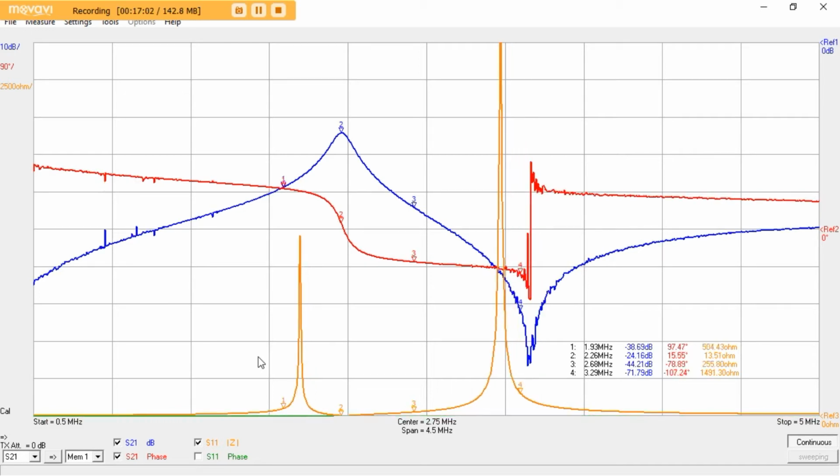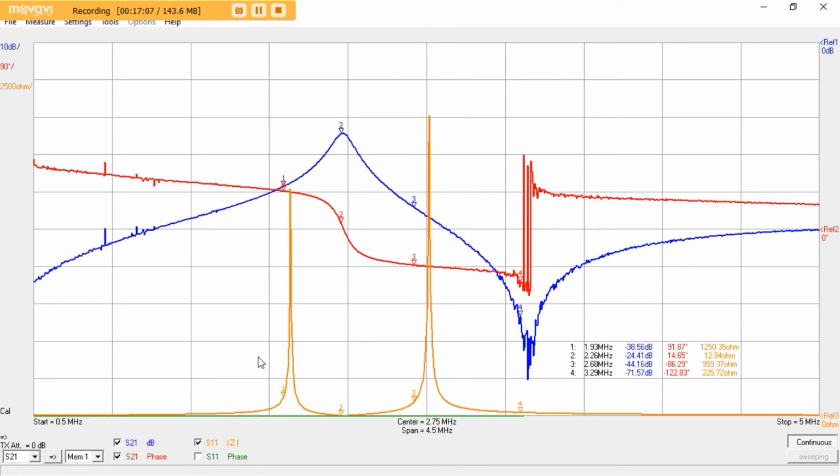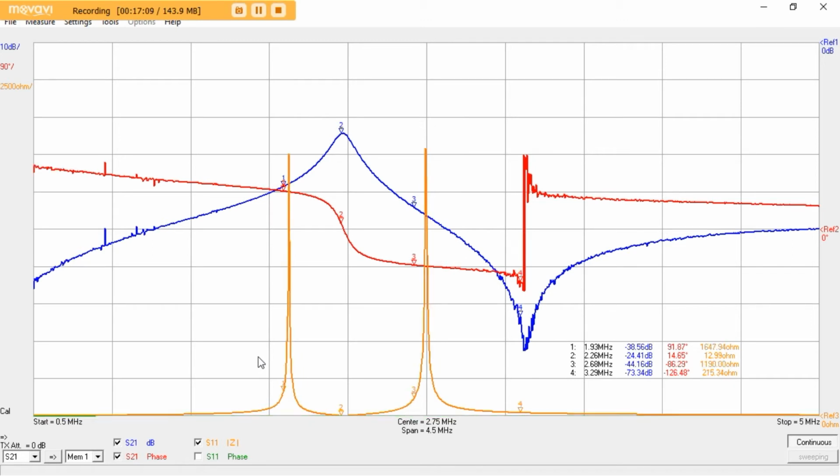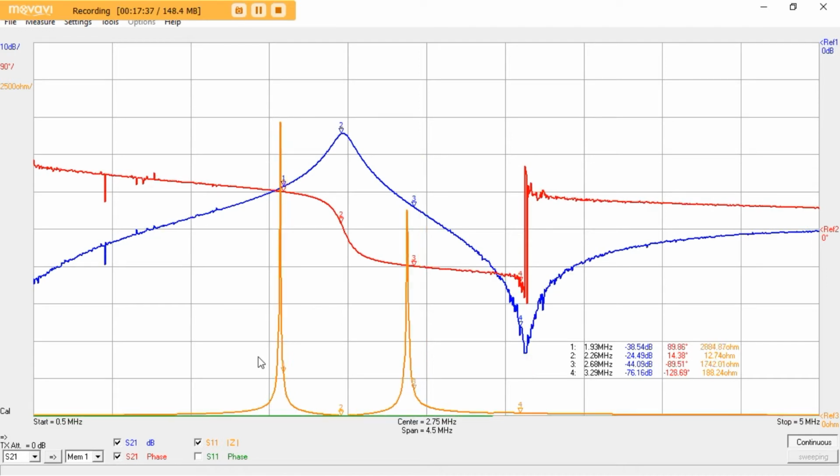So let's just keep going down. Now we're heading back towards the balance position. The parallel mode due to the primary and the parallel mode due to the secondary are approximately equal in magnitude. That was about 550 picofarads.